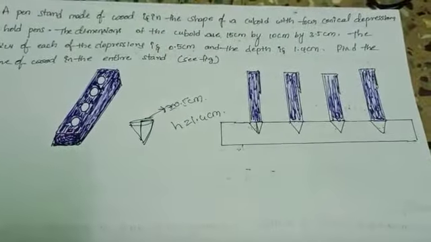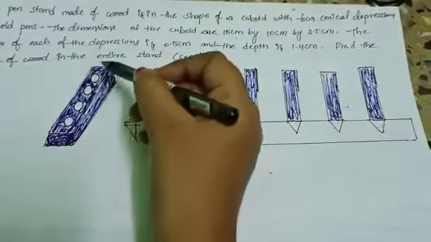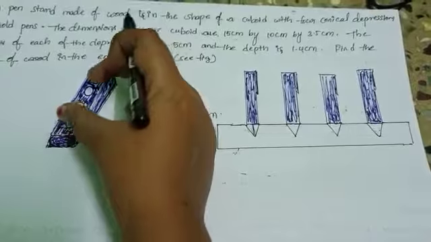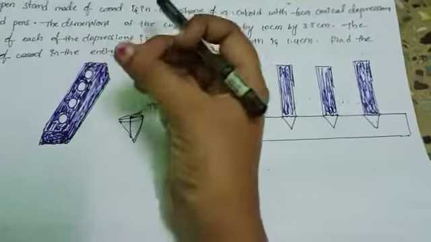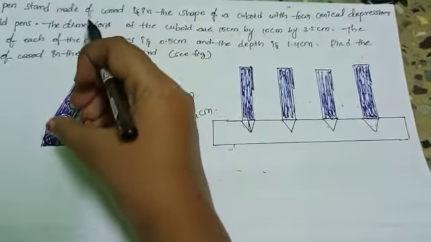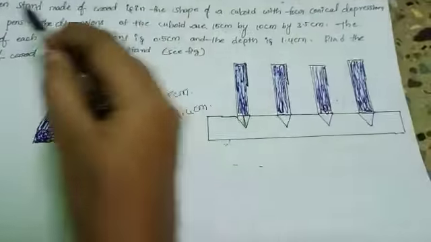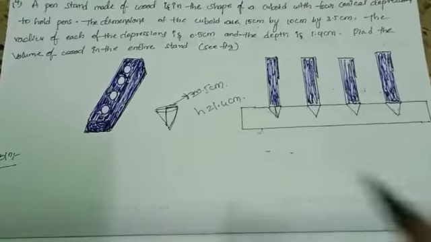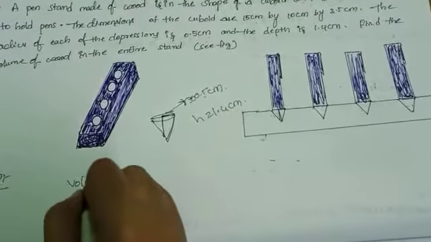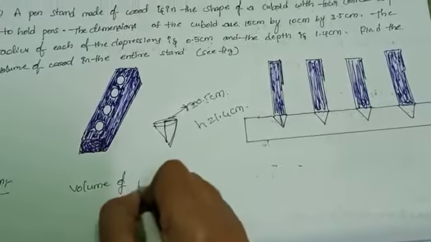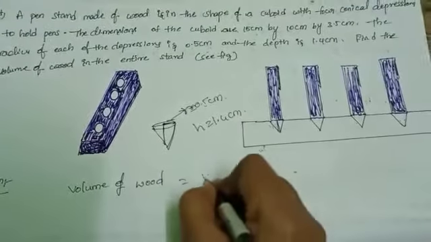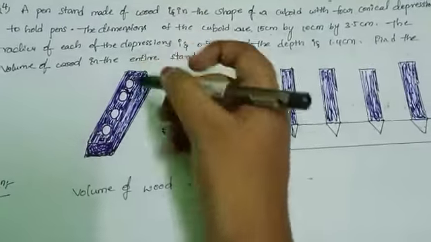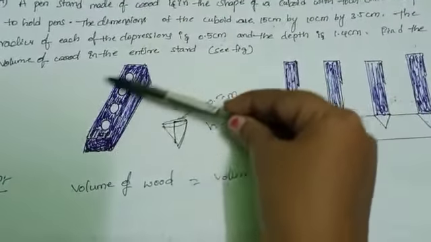Okay, so first find the total volume of the cuboid, then remove the 4 conical depressions. So volume of wood equals volume of cuboid. Volume of cuboid means the entire cuboid volume.